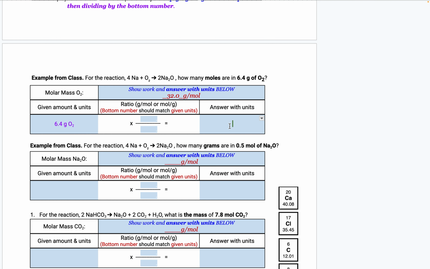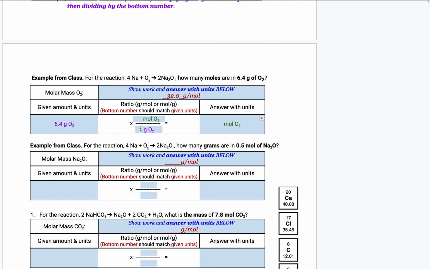And the answer, we're trying to figure out moles. And so you'll notice this color coding. We need this top to be about moles, and we need this bottom to be about grams of oxygen. And this is going to be moles of oxygen. And this will be moles of oxygen. And that's supposed to be a little m.